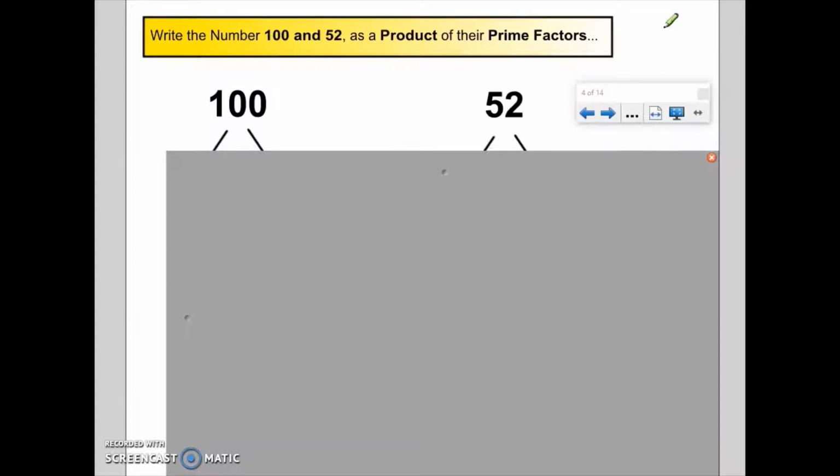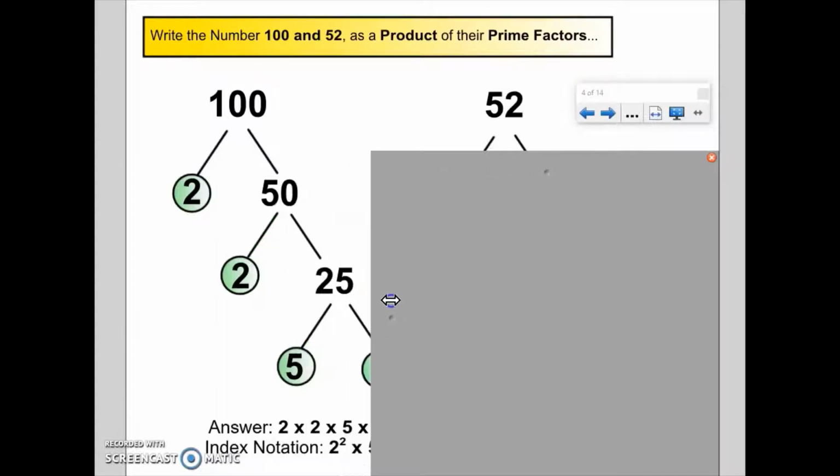Okay, welcome back. Let's have a look at what your factor tree should look like for the number 100. Here is my answer. So we've got the number 100. I've split it into the factors 2 and 50. I've circled the 2. Then I've taken the number 50, split it into 2 and 25, circled the 2, and then I've split the number 25 into 5 and 5 to give me my final answer of 2 squared times 5 squared.